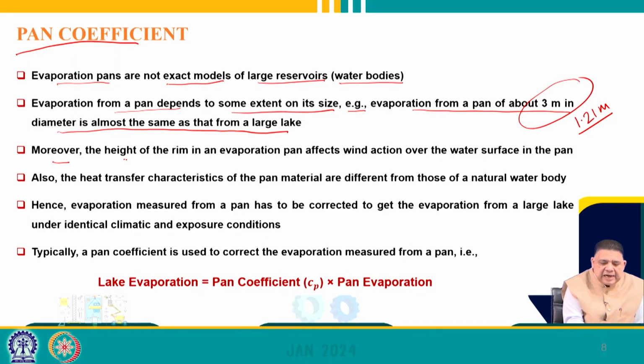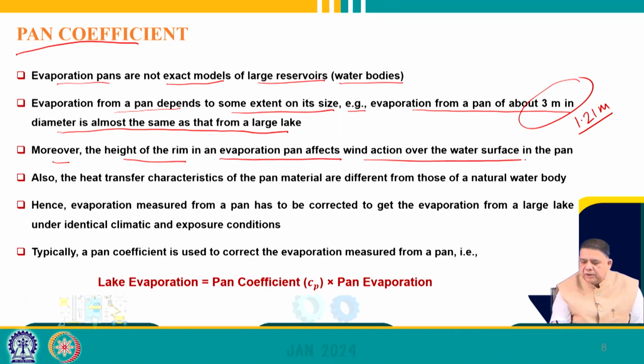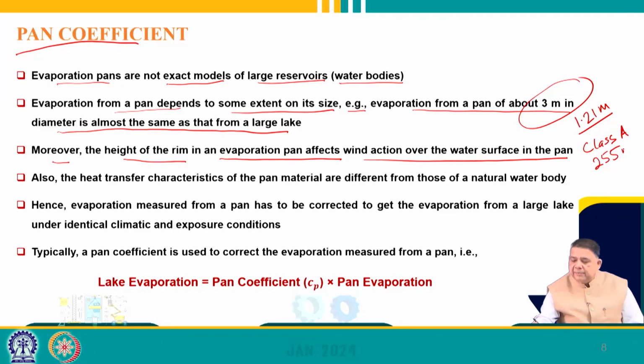Moreover, the height of the rim in an evaporation pan affects wind action over the water surface in the pan. If you remember, the class A pan had a depth of around 200 mm, and we filled the water up to 200 mm. So, that means the water level even in the beginning was 55 millimeters below the rim of the pan.